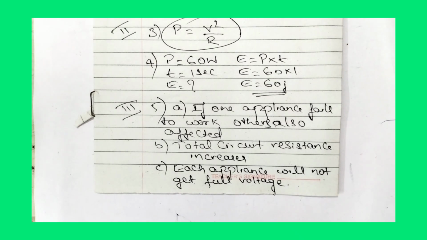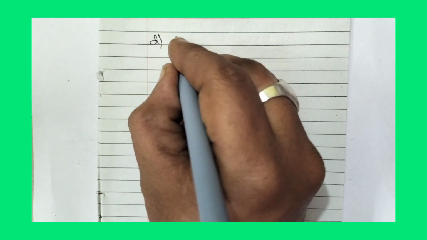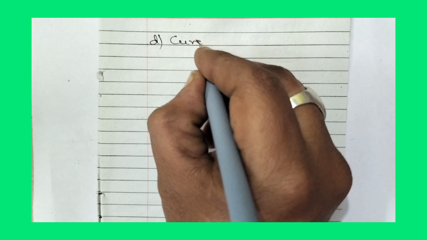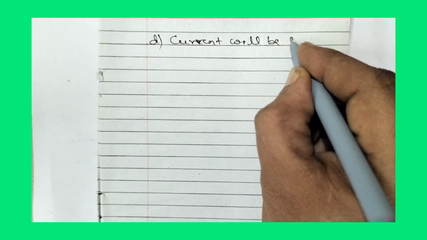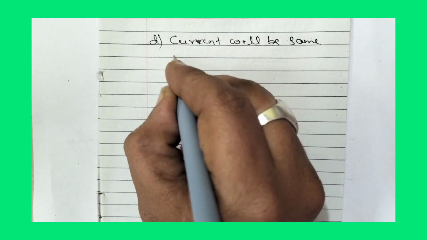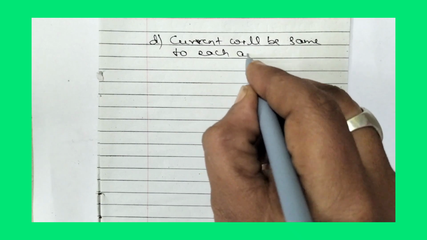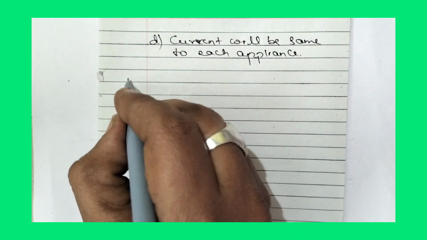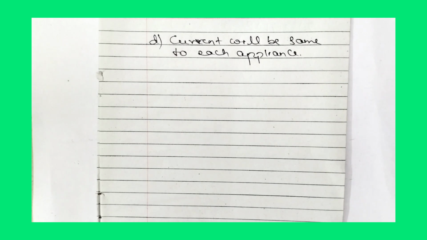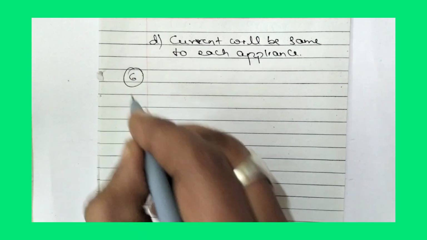Then the fourth disadvantage is that the current will be the same to each appliance. So these are the 4 disadvantages of connecting appliances in series. Now let us move to question number 6.